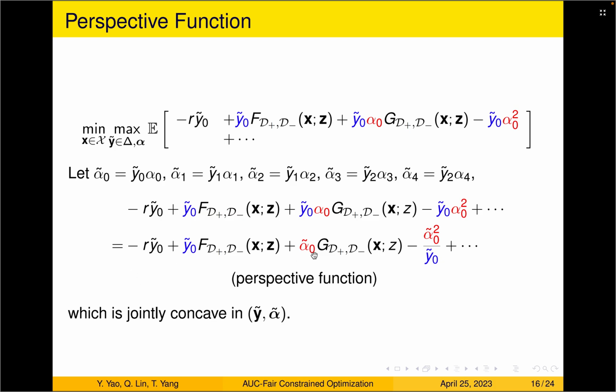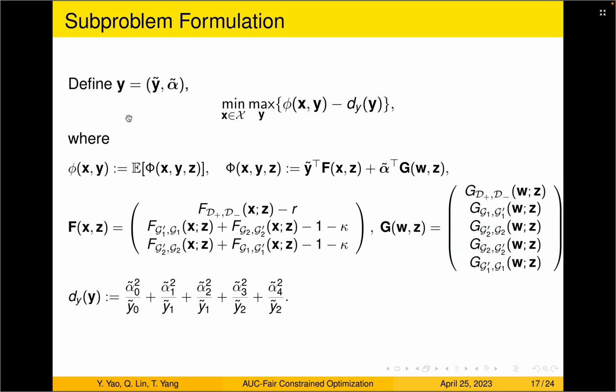This is called the perspective function. Observe that this perspective function is jointly concave in y tilde and alpha tilde. So then we can update the dual variables. Just for simplicity, we define y equals y tilde and alpha tilde, and the original formulation can be simplified as min over x max over y of phi(x,y) minus d(y), and phi(x,y) and d(y) are defined as the following.